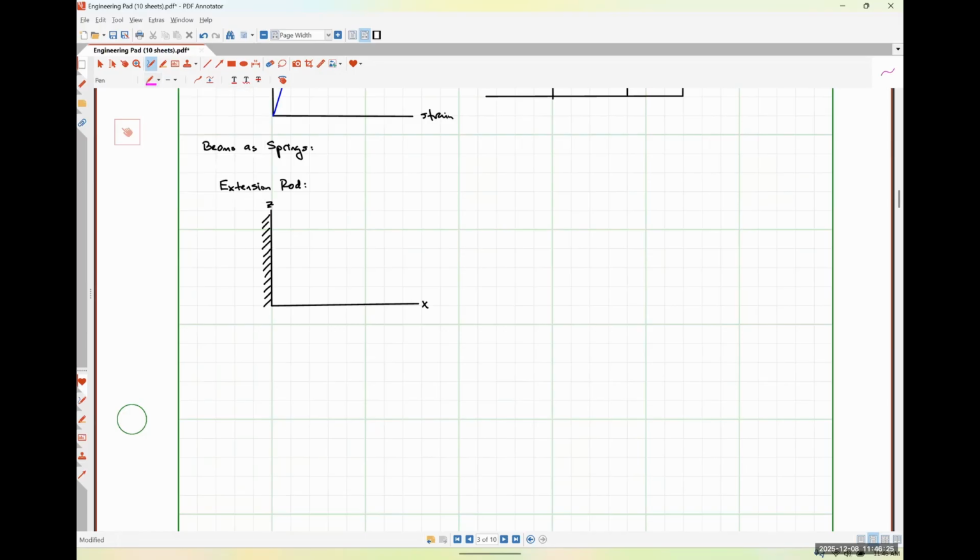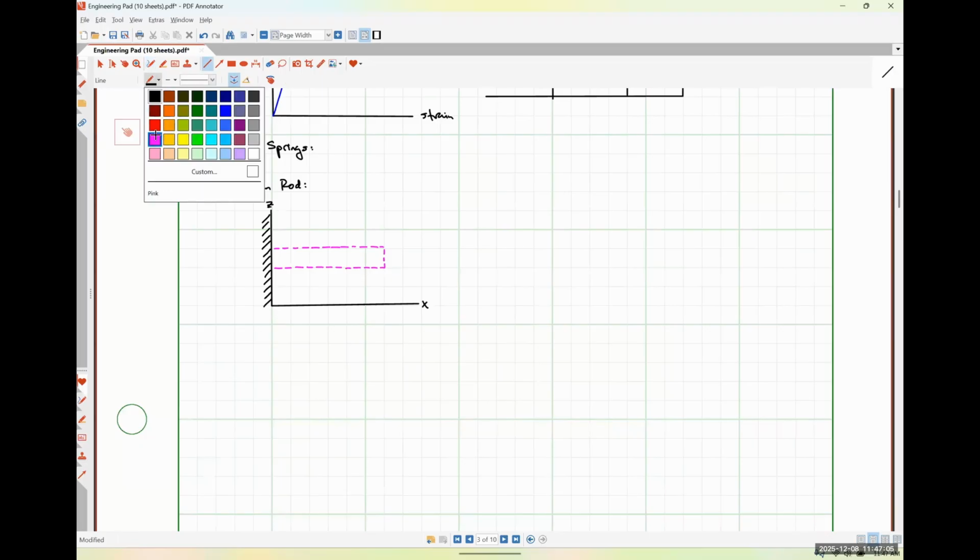So here's my original beam. If I apply a force in the X direction such that this beam is undergoing normal stress, what I should see is that this guy's going to get longer, right?